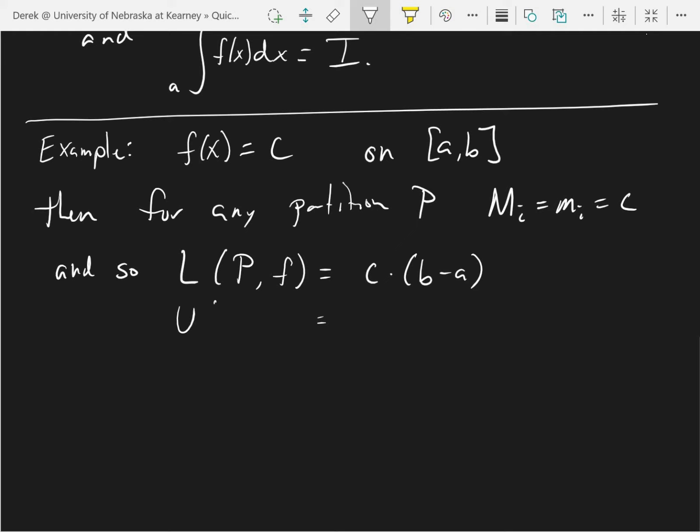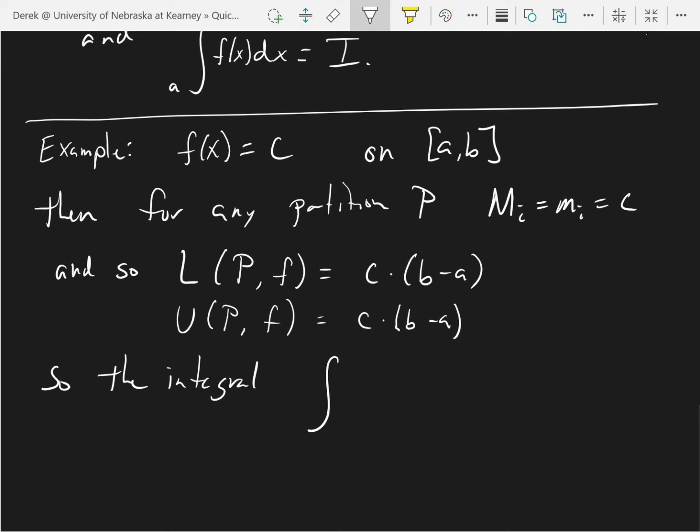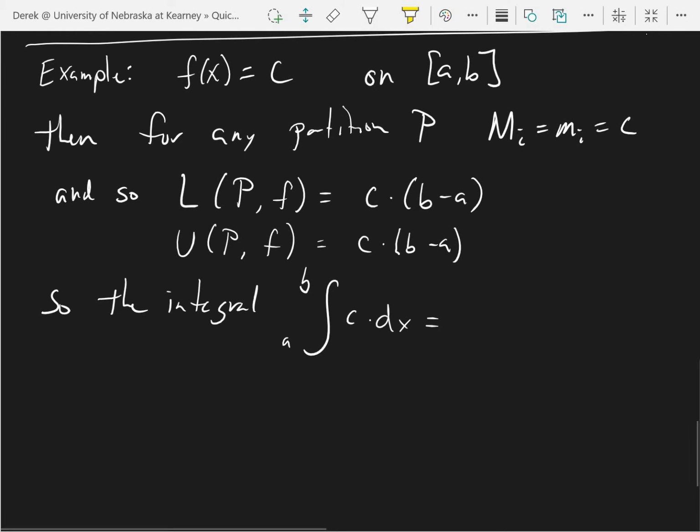And it's the same thing as the upper integral. So the integral of c dx from a to b is equal to c times b minus a. That's an integrable function. Every constant function is integrable.